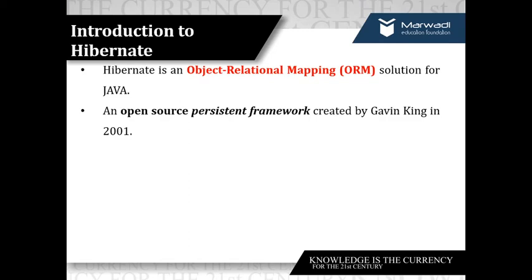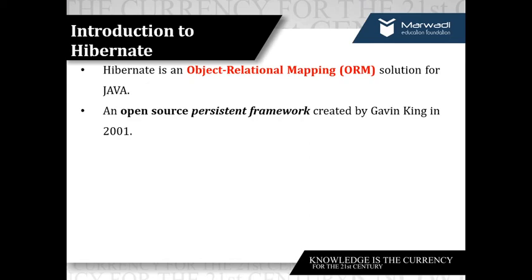Open source means most Java APIs are open source. And persistent framework, you would have heard this term persistent first during your third semester in the DBMS subject. Basically, what is DBMS? DBMS is nothing but a system that can store data persistently, or it persists the data.